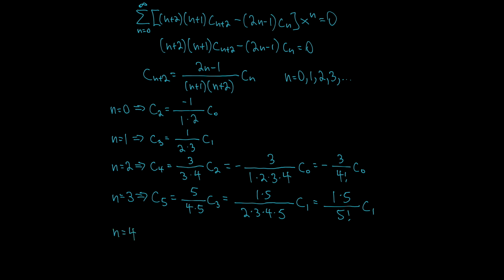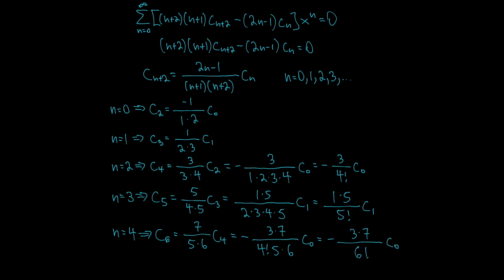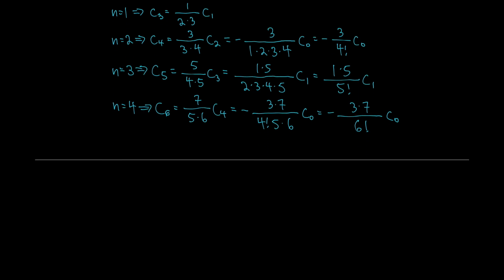Then n equals 4 gives us C6 equal to 7 over 5 times 6 times C4, replace C4, and then we get negative 3 times 7 over 4 factorial times 5 times 6 times C0, which is negative 3 times 7 over 6 factorial times C0.